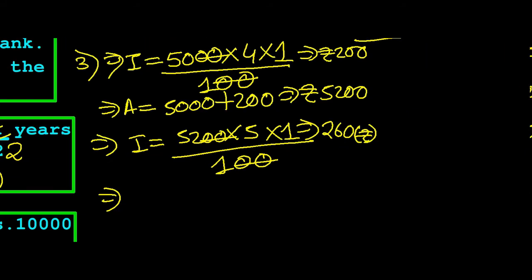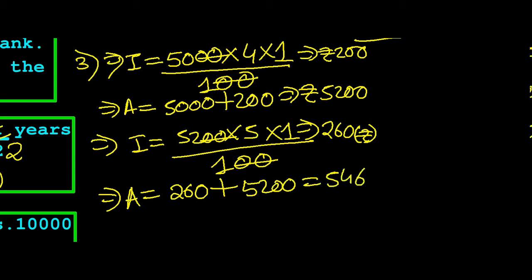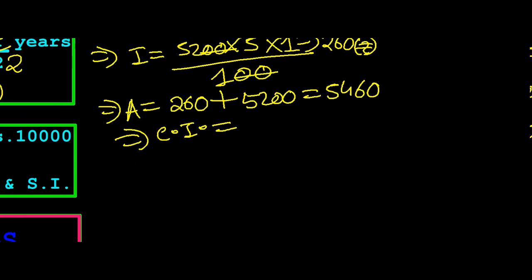Okay, so we will find the amount. 260 plus the principal, which is 5,200, 5460 rupees, and then CI is equal to 5460 minus 5000.